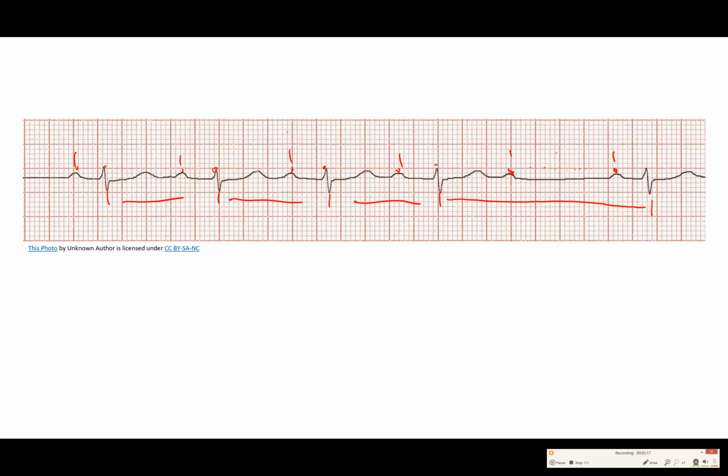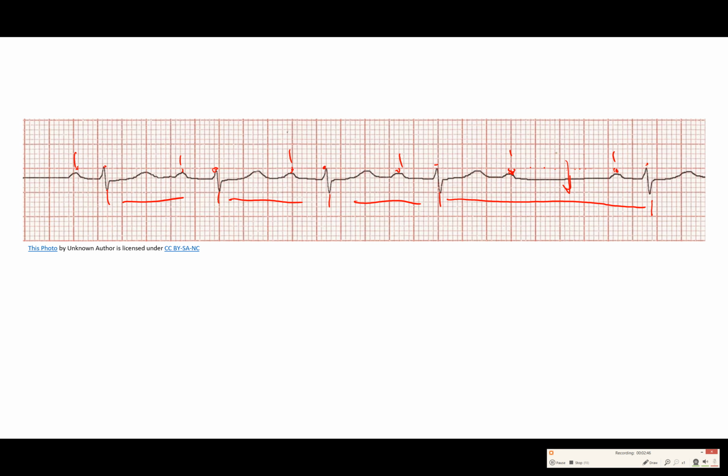We can see that there's been a block in the transmission of the electrical impulse from the atria to what should have been the ventricle in here somewhere, but that message got blocked and there was no ventricular depolarization, so we skipped a beat and we ended up going back to our P wave, which is then once again followed by QRS. So we've kind of hit an abnormal on our list of questions. That means we need to explain that.